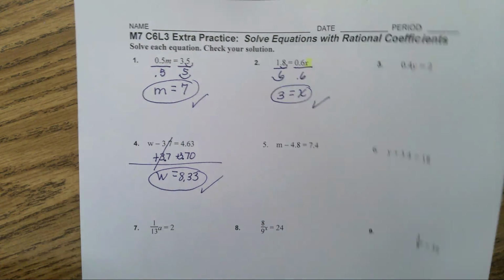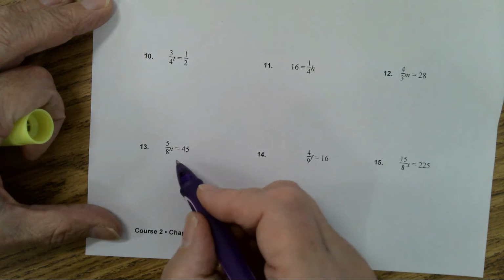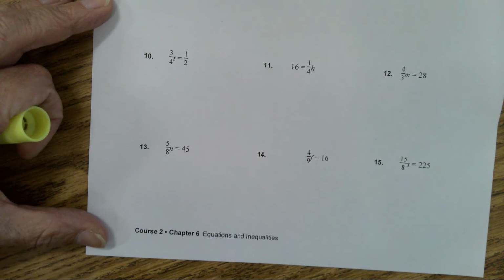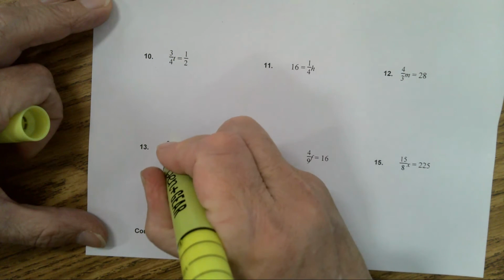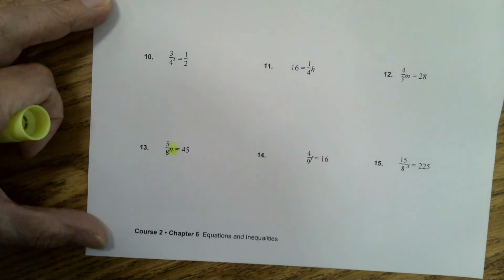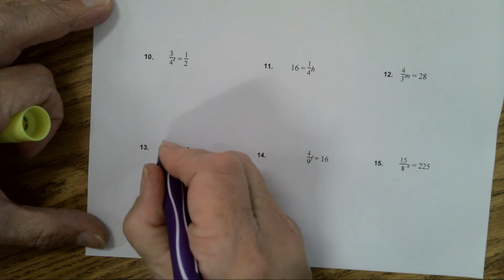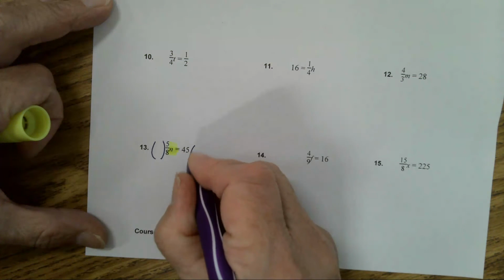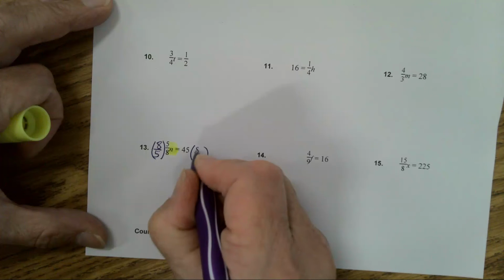Now let's just skip down to number 13. Okay, how am I going to get rid of multiplying by 5/8? That's in front of your variable. What will make 5/8 disappear? Divide by 5/8, which means you multiply by its reciprocal. We are going to multiply both sides times 8 over 5.